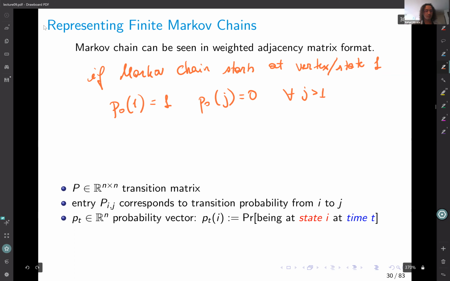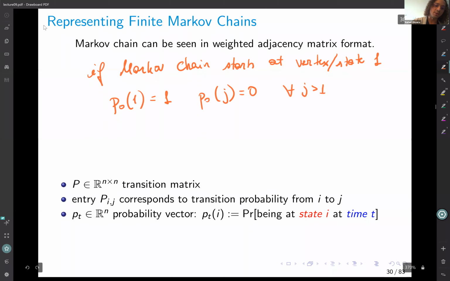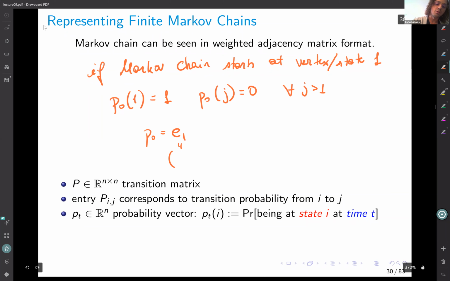Does that make sense? So in particular, P naught would be e1, which is the vector 1, 0, 0, 0. Okay, so that's one example of a probability vector.